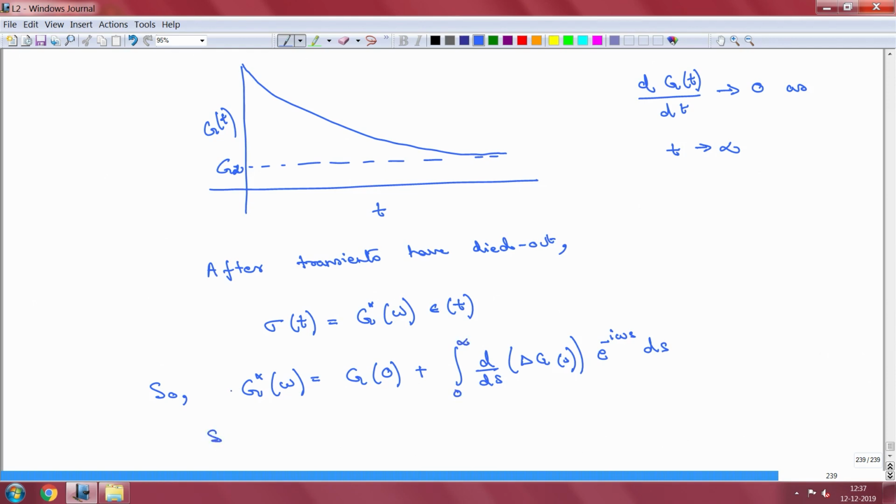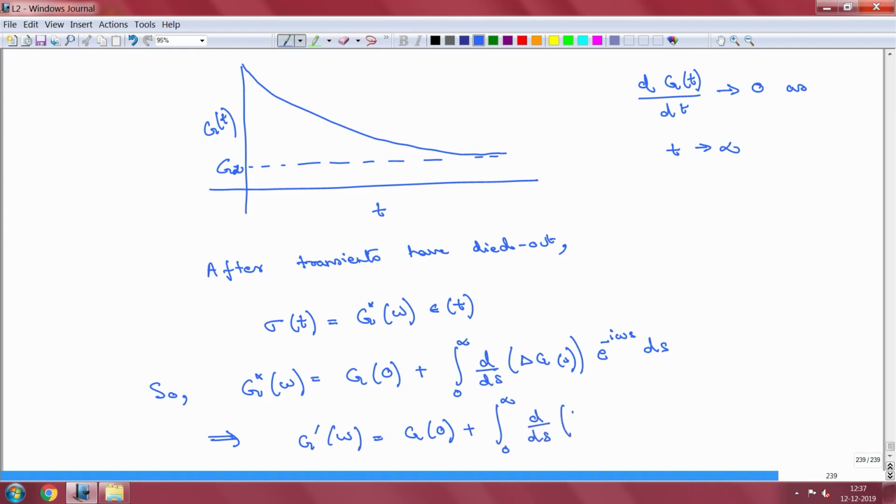So, this implies that we already know that the complex modulus is basically the storage modulus plus I times the loss modulus, right. So, I can write down my g dash of omega as being equal to g 0 plus integral 0 to infinity d by ds.